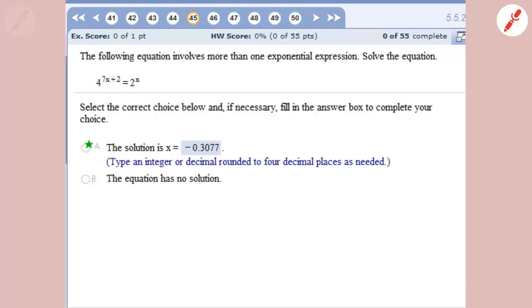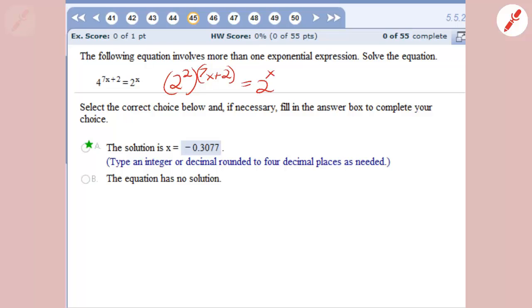Okay, now this is going to be a little tricky. Maybe it won't be. 4 is 2 squared. You know that. So I'm going to say 2 squared to the 7x plus 2 power equals 2 to the x.